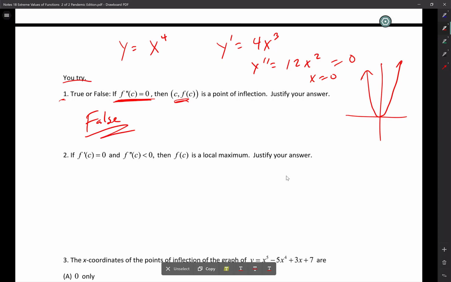Just like for critical numbers, guys. Remember when we said are all critical numbers max and mins? They're possible max and mins. It's the same thing with the second derivative. Wait, a point of inflection, is that where the derivative changes signs? It's where the second derivative changes signs.